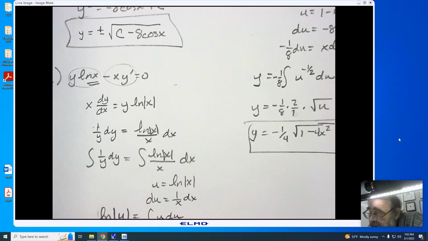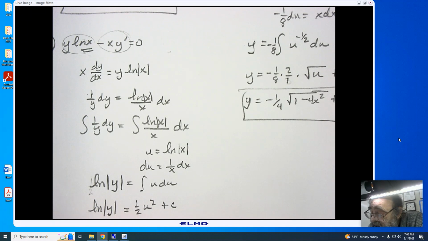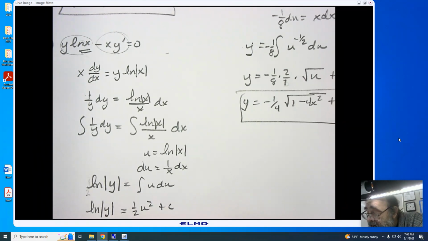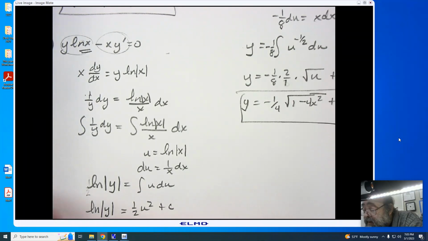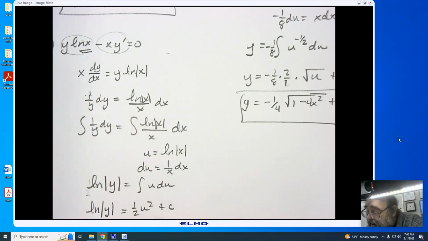And if that's the case, I'm going to have 1/2 u squared plus c equaling the natural log of the absolute value of y. I'm now going to put it back in and exponentiate. So I have the natural log of the absolute value of y equals 1/2 the natural log of the absolute value of x, the quantity squared, plus c.